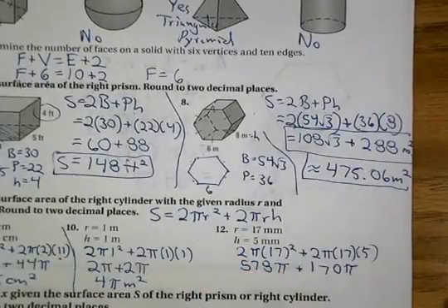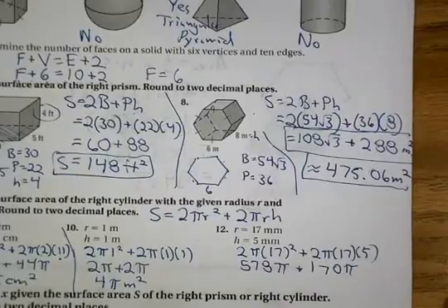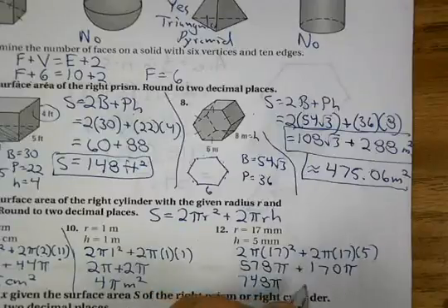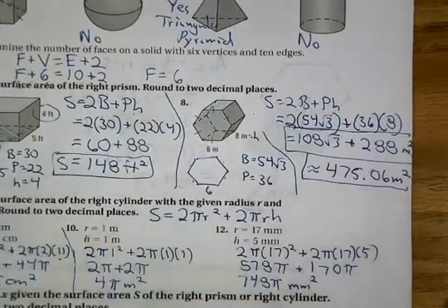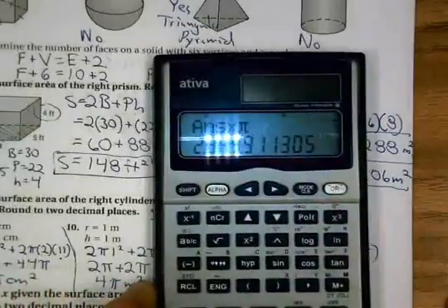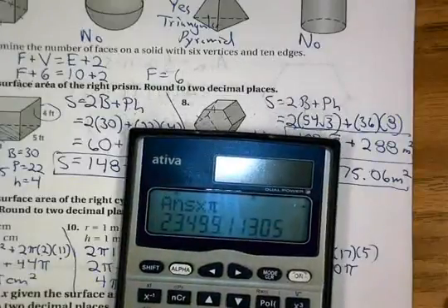I then add those two together and I get 748 pi millimeters squared, and if I then wanted that as a decimal, it would be about 2,349.91 to 2 decimal places.